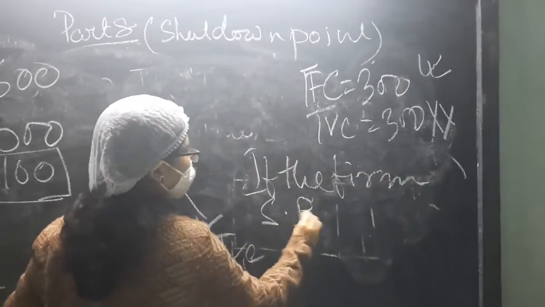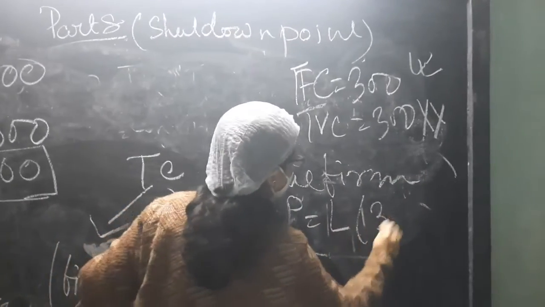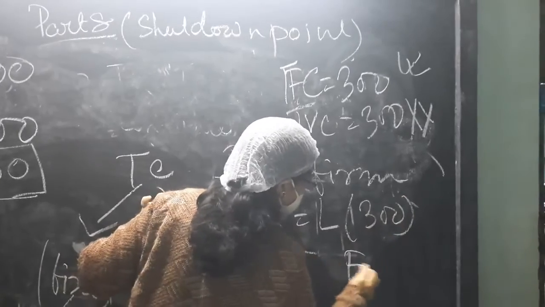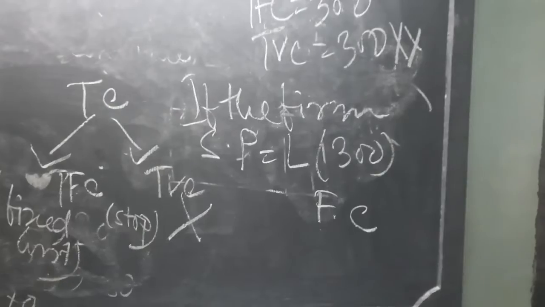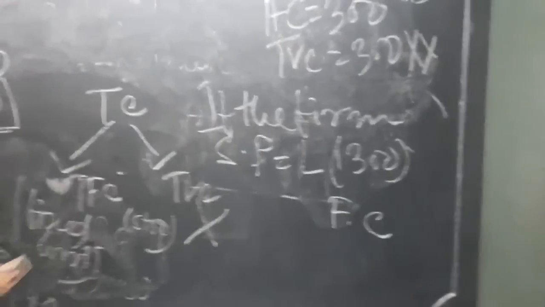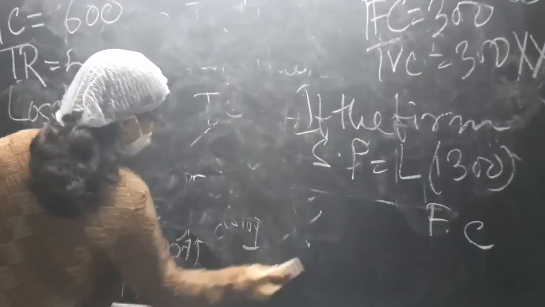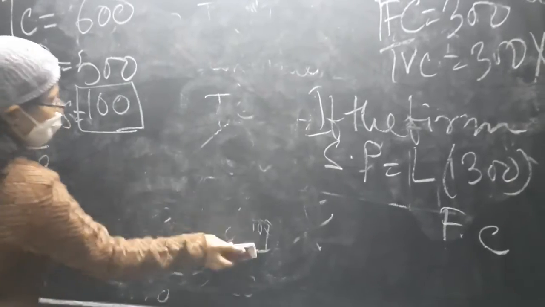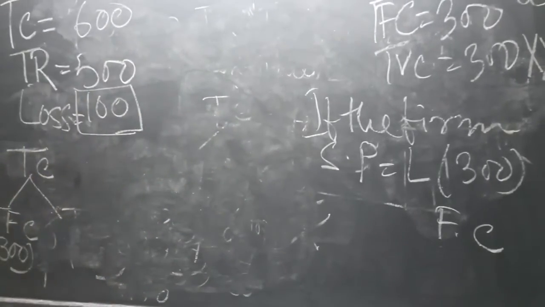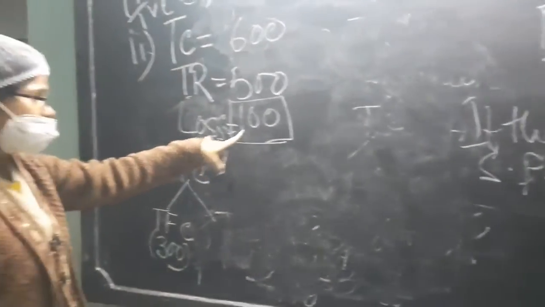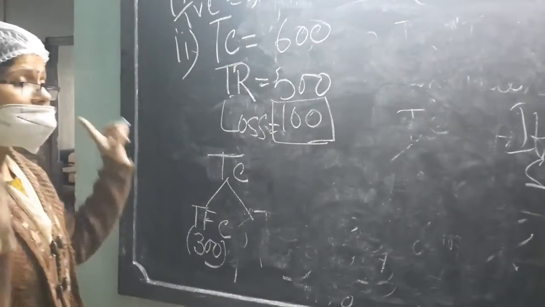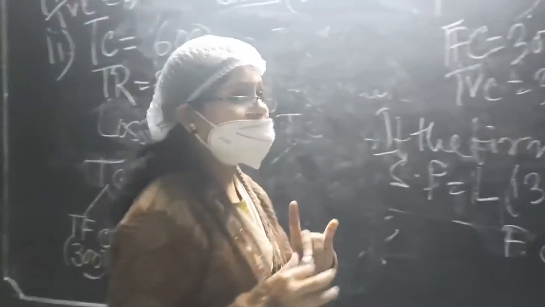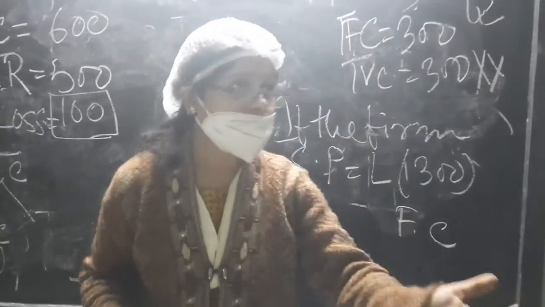If the firm stops production, then what is the loss? 300 for fixed cost. Why is this loss happening? On account of fixed cost. But if the firm continues the production in spite of suffering a loss of rupees 100, I am not telling that the firm will increase the production.